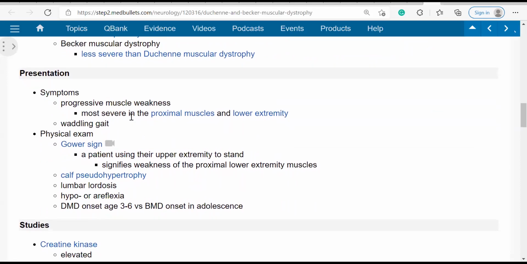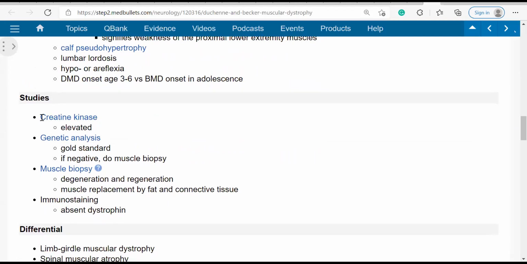So progressive muscle weakness, that's the feature. Gower sign will be positive. Calf pseudohypertrophy will be there. Now, DMD usually doesn't cause hyporeflexia. Usually their reflex is present, but sometimes reflex can be absent also. But the important finding is that CK will always be elevated. Gold standard is genetic analysis.